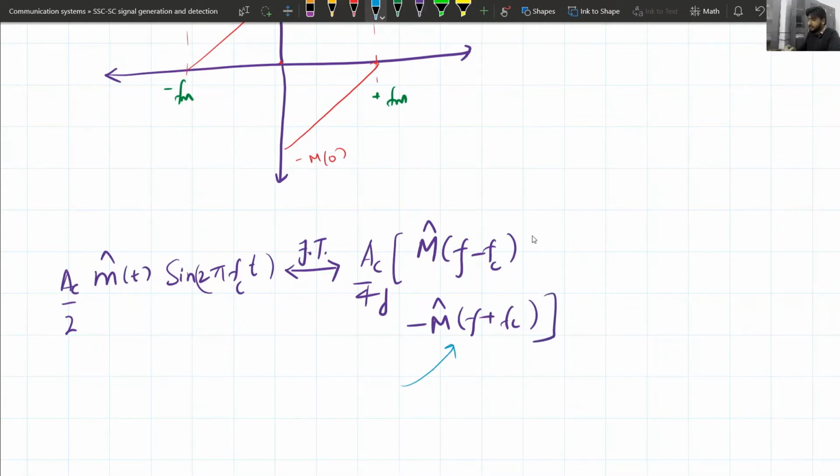As you can see here, the f plus fc component is phase shifted by 180 degree.